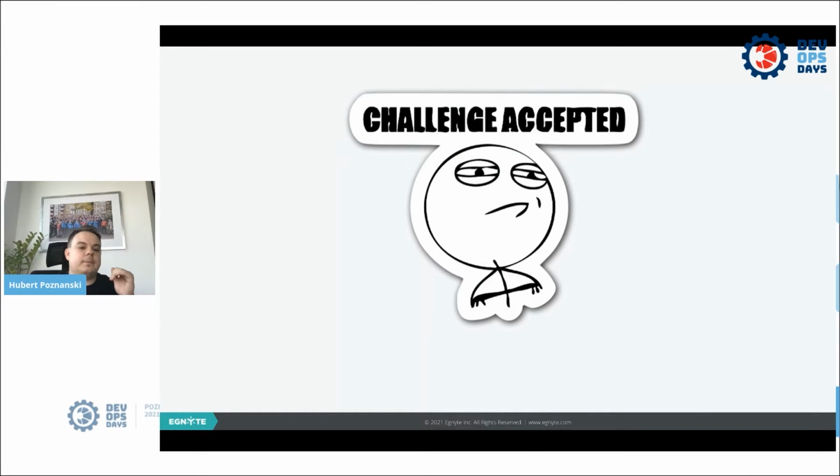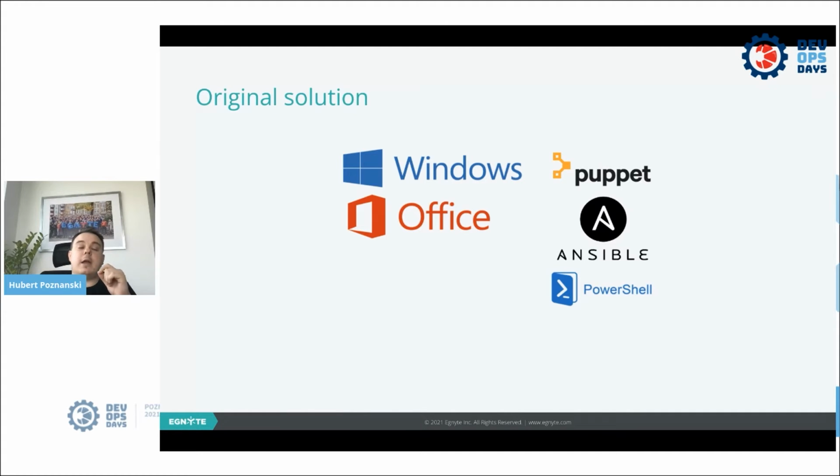Before we decided to create the new feature, we had a solution based on Windows virtual machines, Microsoft Office. Everything was automated by Puppet. There was a lot of Puppet code. It was hard to maintain. There was also PowerShell.